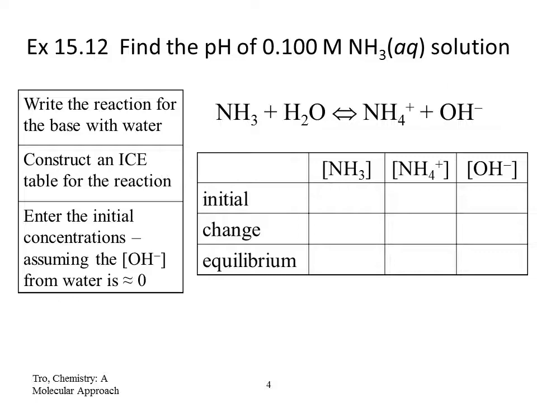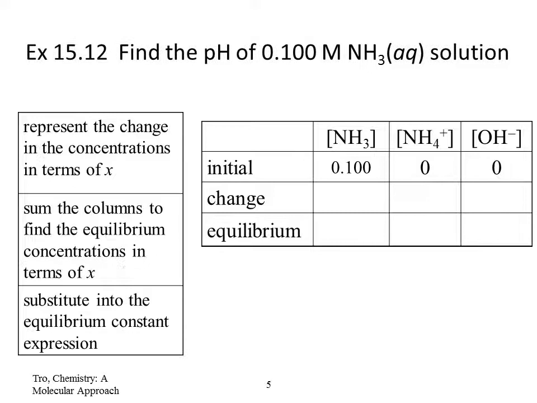The initial concentration of ammonia is going to be 0.1, but ammonium and OH minus are 0. Now we see a change of minus X from the reactant, and on the product side it's going to be plus X, which is formed. And the equilibrium concentration of ammonia is going to be 0.1 minus X.